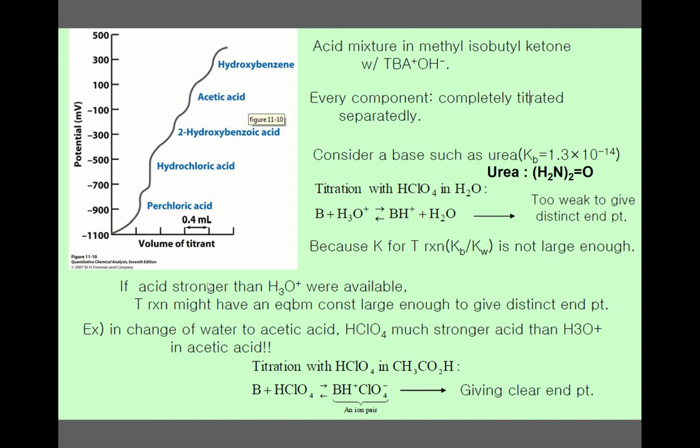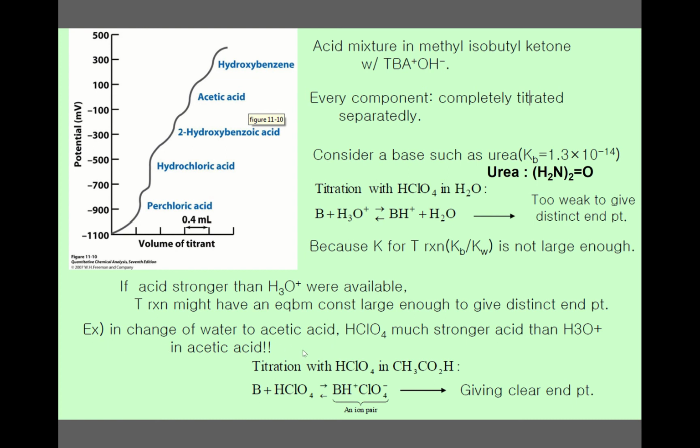If the solvent is stronger than this strong acid, or available, the titration reaction might have an equilibrium constant large enough to give a distinct pH endpoint. Okay, here is the example of changing from water to acetic acid.